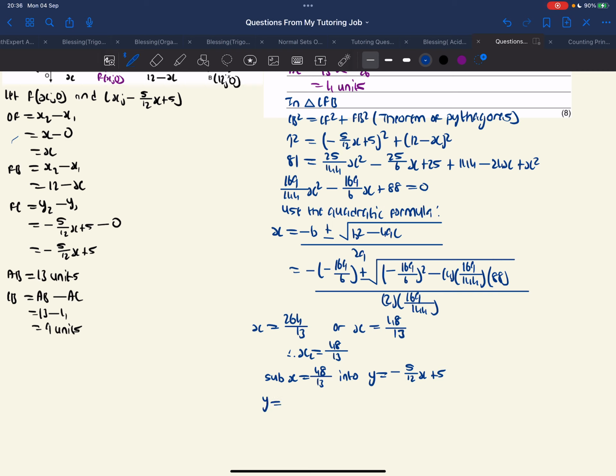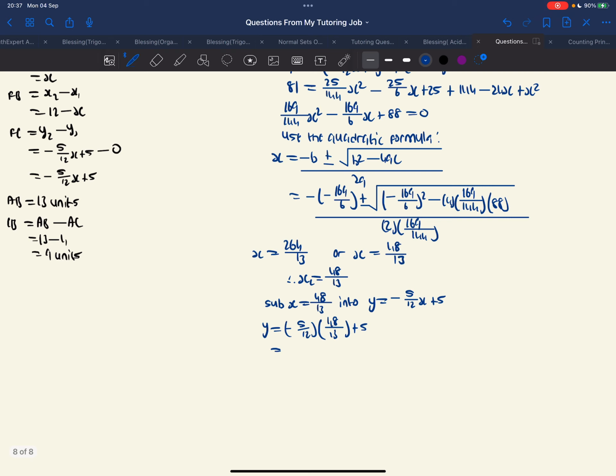And if you do that, it's going to be minus 5 over 12, multiplied by 48 over 13, plus 5, which is going to give me 45 over 13. So the answer I get is 45 over 13.